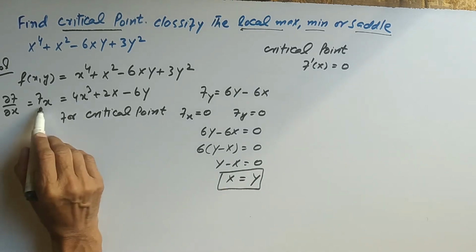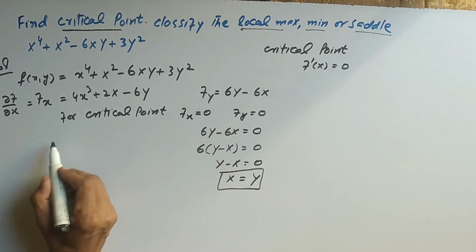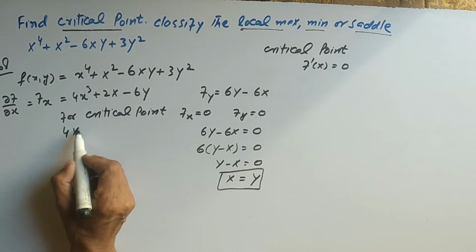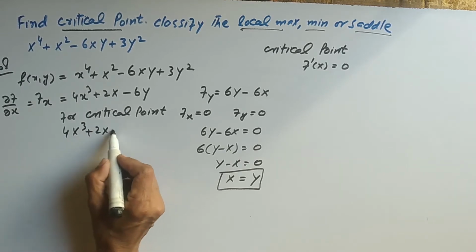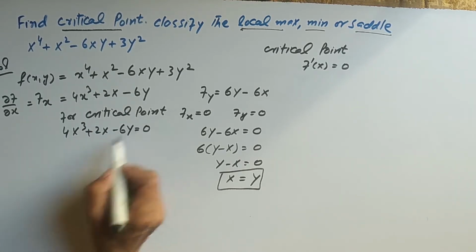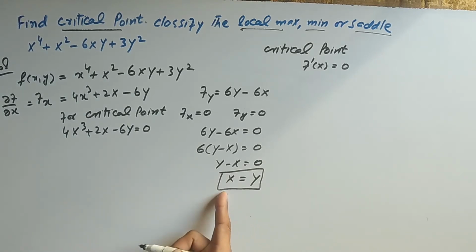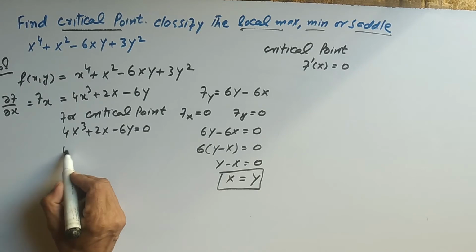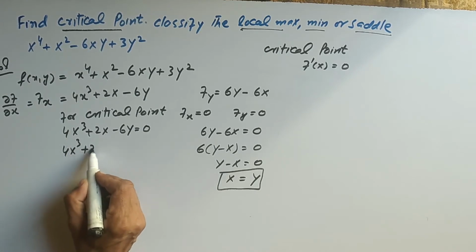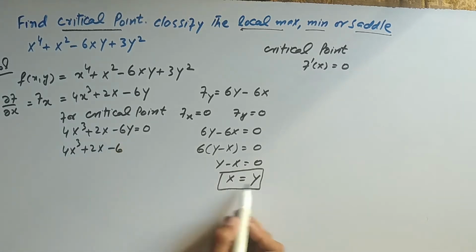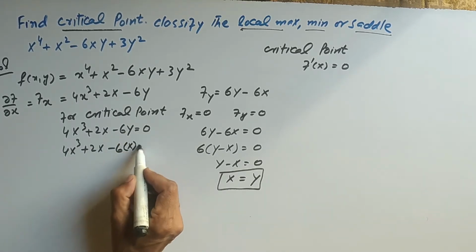Similarly, the partial derivative f_x also equals 0. So 4x^3 + 2x - 6y equals 0. Now we put the value y equal to x: 4x^3 + 2x - 6x equals 0.